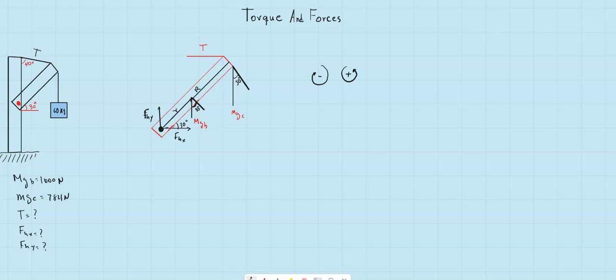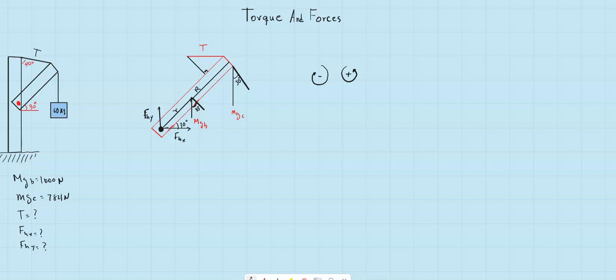Now, I remember that any movement clockwise I describe as negative, and counterclockwise as positive. So now I need to find this component, and I know that this component has to be perpendicular to that. This is my 90 degrees, and we're going to come over here because we need to find what this angle is. This is my tension.